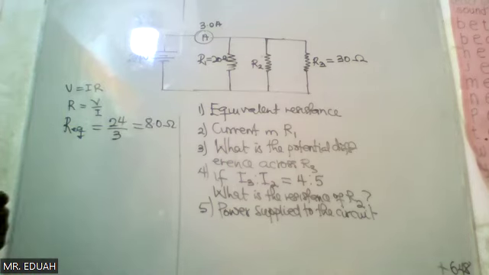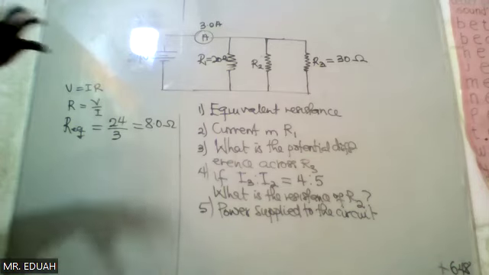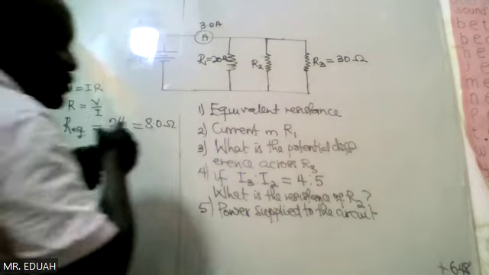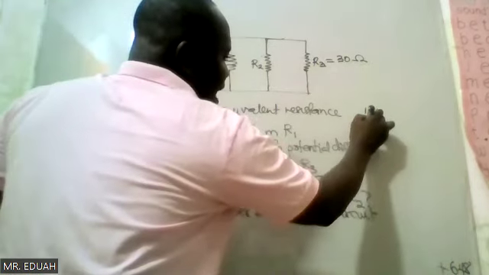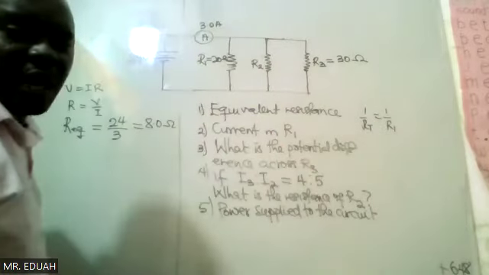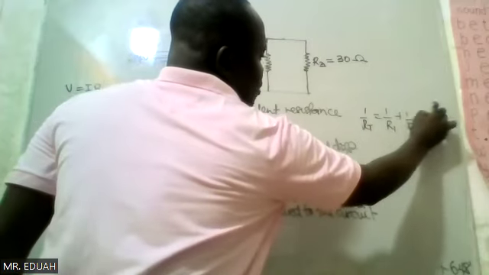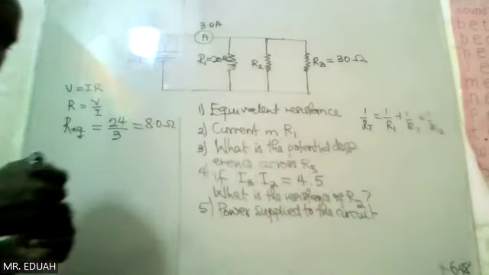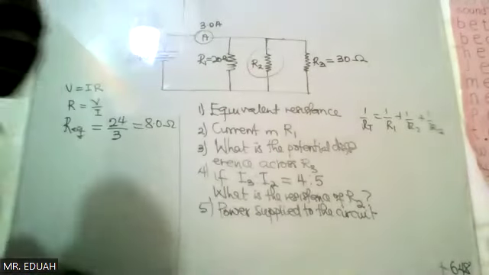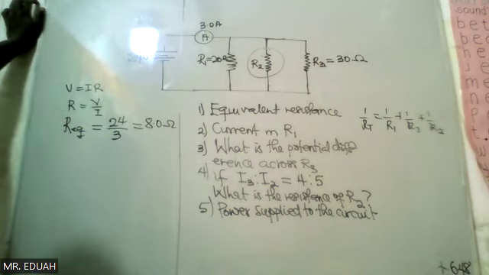If you are not fortunate to think this way, you may be tempted to use 1 over RT equals 1 over R1 plus 1 over R2 plus 1 over R3. If you use this, because you don't know R2, you can't find the total resistance.